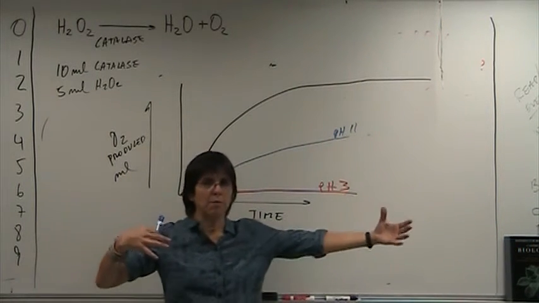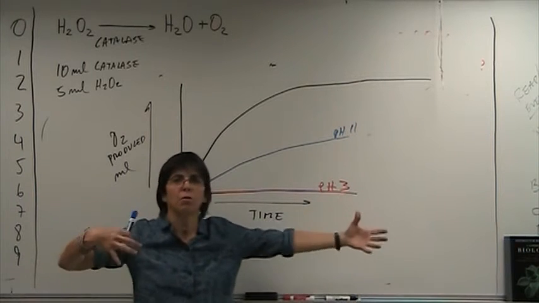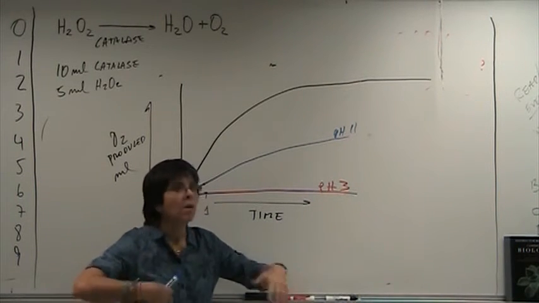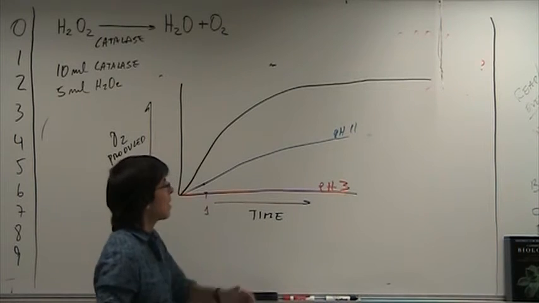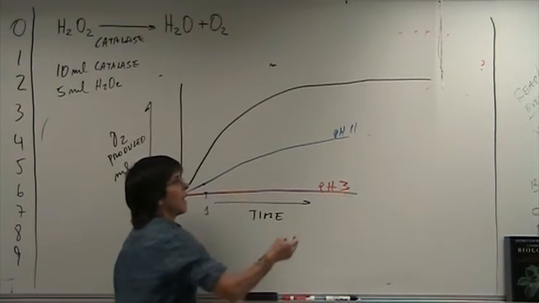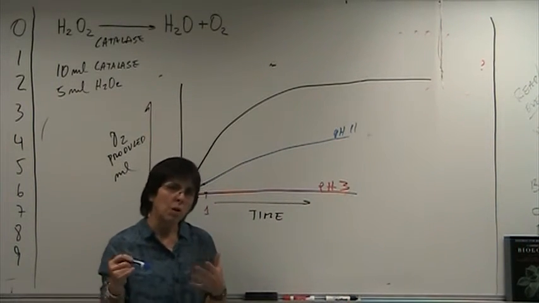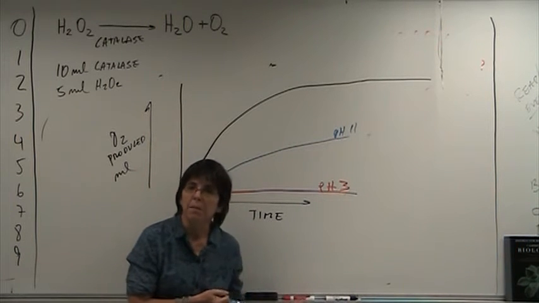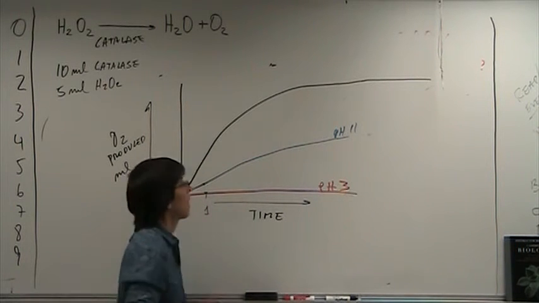If we had the time to let this reaction go for 24 hours or so, and we were able to stay here, what would happen to curves like pH 11? What would happen to curves like the temperature at 4 degrees?